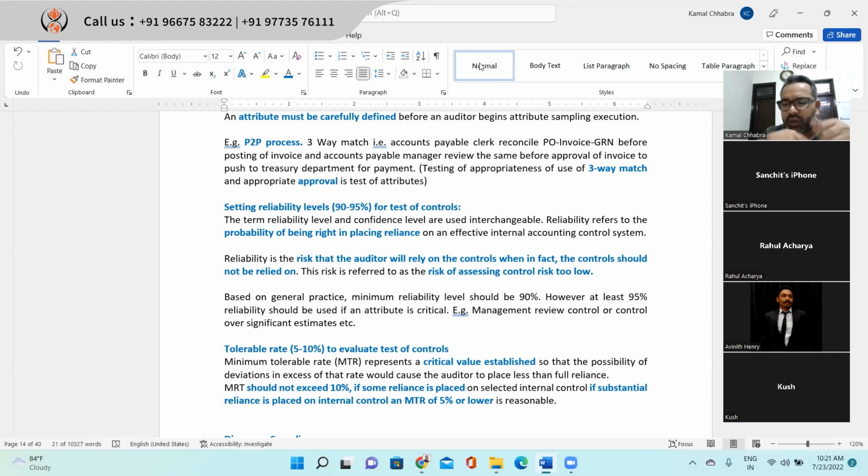Value of the total population, right? Number of the items in the population, your tolerable limit, your reliability limit, right? So all that information is clubbed together, some mathematical calculation is done, and on that basis the tool gives you the number of samples.